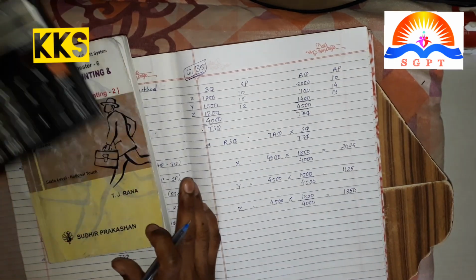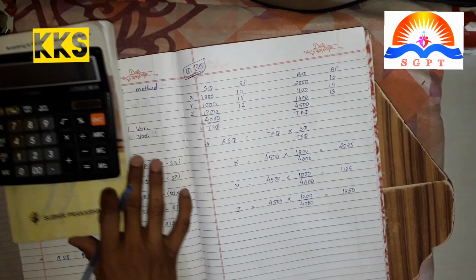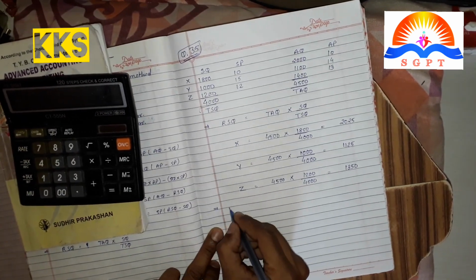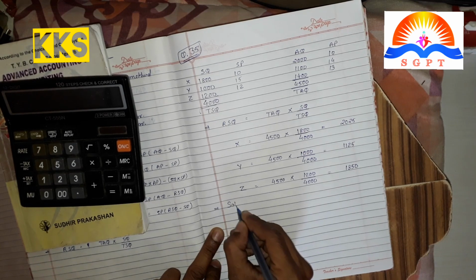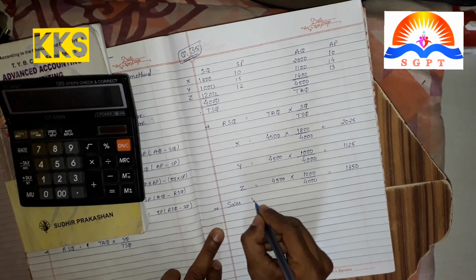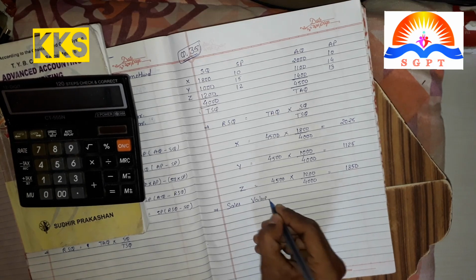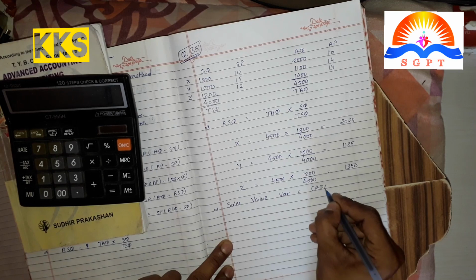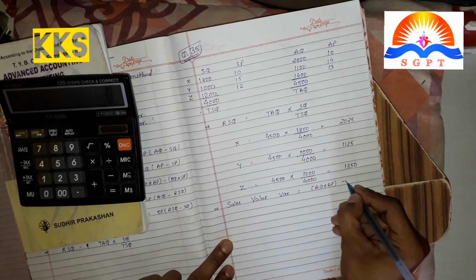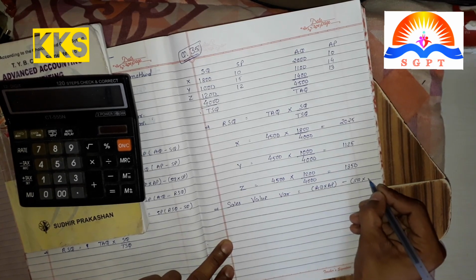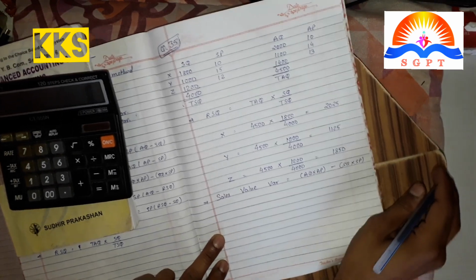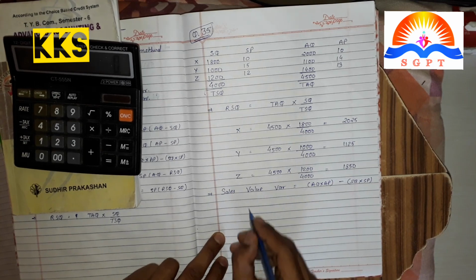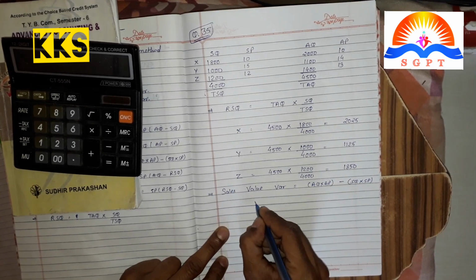Now put down your formulas. Sales value variance: AQ into AP minus SQ into SP. Everything is given there. Just put down your formula.